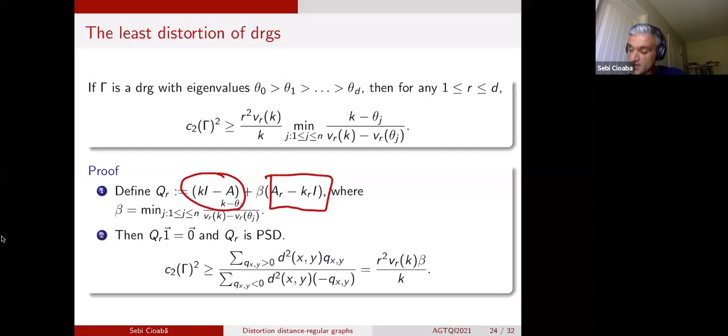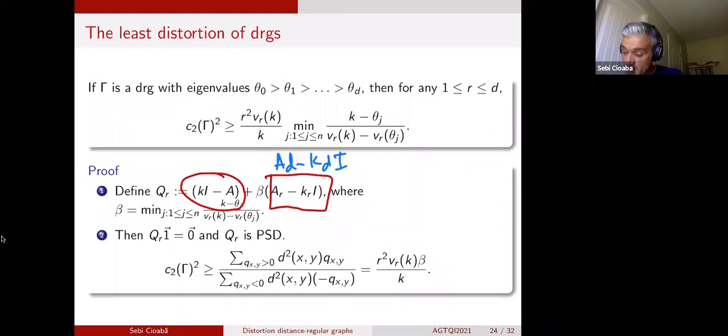This matrix was in the lower bound of Valentin, and here he had this matrix, but with A_D minus K_D I, because he assumed that the most expanded vertices are going to be the adjacent ones. So he thought that the most contracted vertices are going to be the ones at distance d. And that's actually not quite the case.